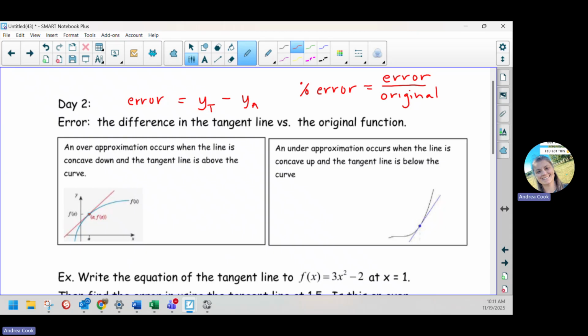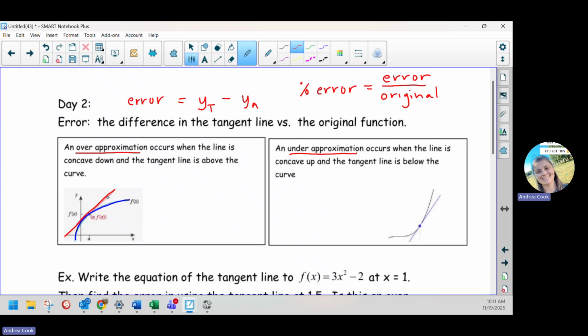Okay, so sometimes they will ask you if it's going to be an over approximation or an under approximation. An over approximation is going to occur when the original function is concave down. So if you see that blue line right here, this blue function is concave down. So then that means that your tangent line will be above. So that red tangent line is above the curve.